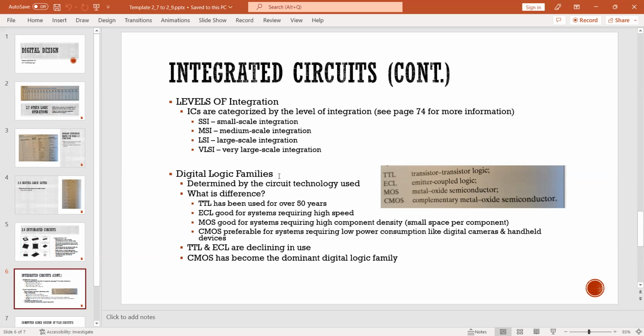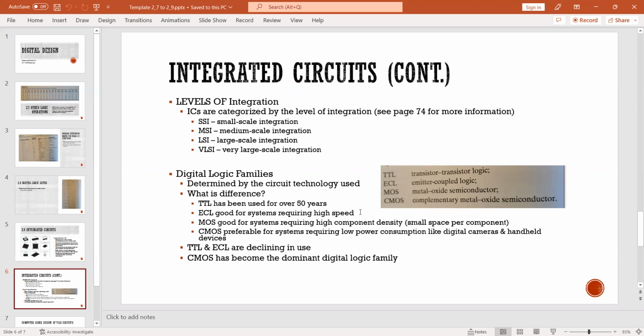Then you have your digital logic families, which are determined by the circuit technology used to produce that chip. They list some of the most common here on the right, and this is out of the textbook. You have your TTL, ECL, MOS, and CMOS. The TTL has been around a very long time. That's transistor-transistor logic.